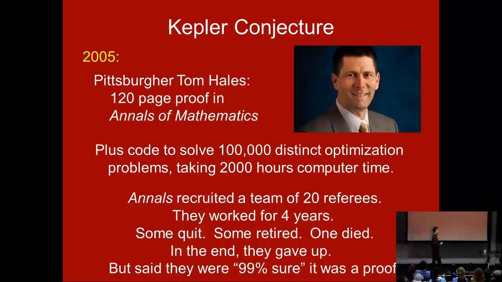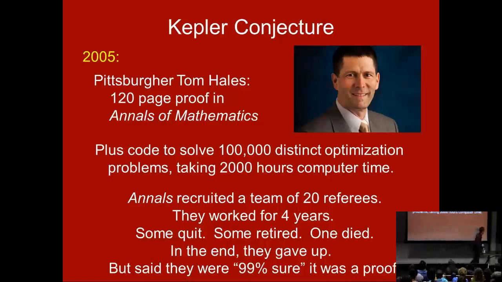Well, actually, a bit like the four-color theorem, it took 120 pages of math plus computer code to solve 100,000 optimization problems, which took 2,000 hours of computer time. So he, again, somehow reduced it to checking a bunch of inequalities about real numbers and then got his computer to check those inequalities. So it was kind of like the four-color theorem situation squared, or times 10. Yeah, it was even more complicated.